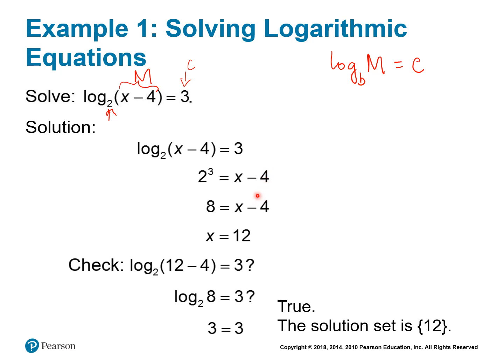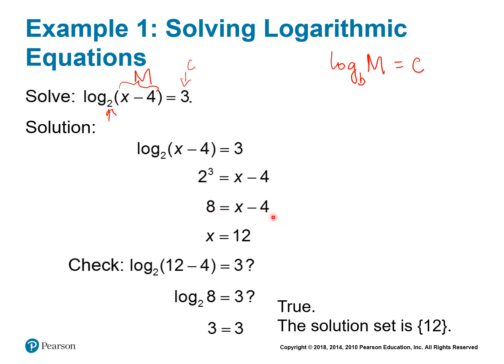All right, so now we have 2 cubed, 2 to the power 3 equals x minus 4. And we can just go ahead and solve it because this seems to be converted now to a simple equation. So 2 cubed, 2 times 2 times 2 is 8 equals x minus 4.